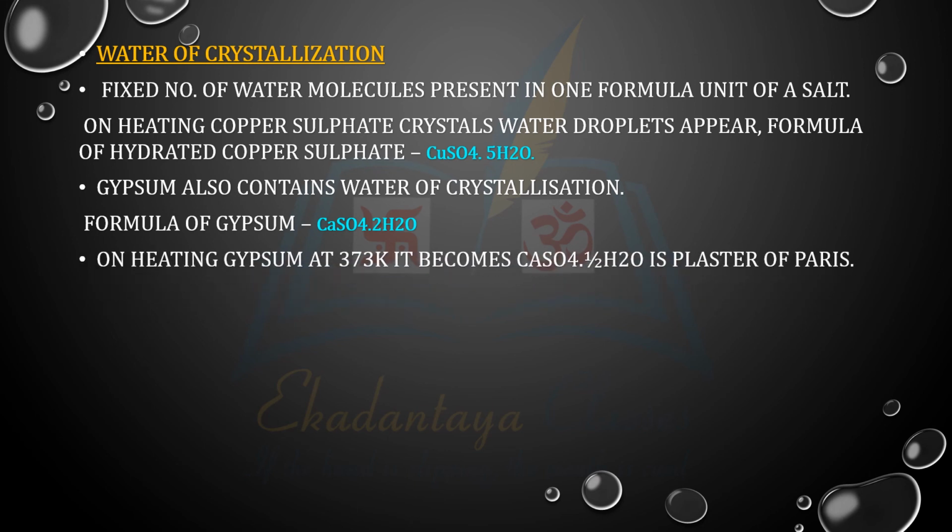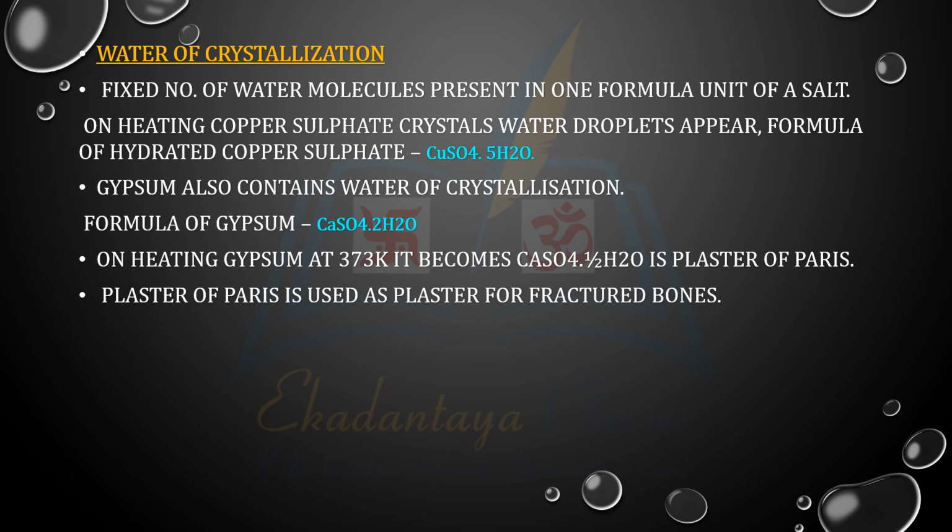On heating gypsum at 373 K, it becomes CaSO4.1/2H2O, called plaster of Paris. These formulas are very important and may be asked for 1 mark: hydrated copper sulfate, gypsum, and plaster of Paris.